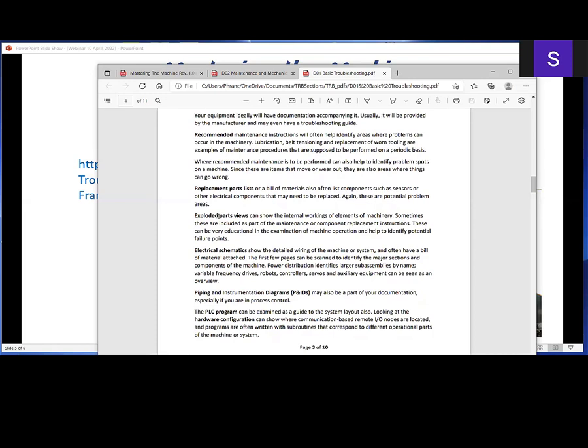I've actually got some exploded parts views in the book about internal workings of elements of machinery. I don't have that up right now, but let me see if I can identify it in the book here. I know at the end I have a pretty extensive write-up on a particular machine at Automation NTH. And one of the things I pulled out of it was an exploded view.